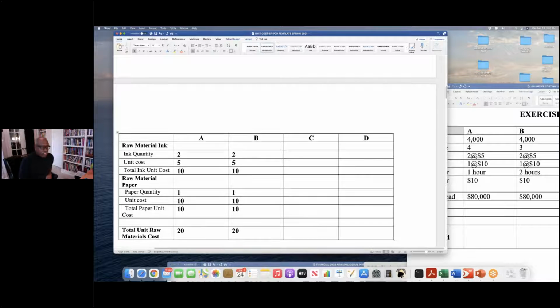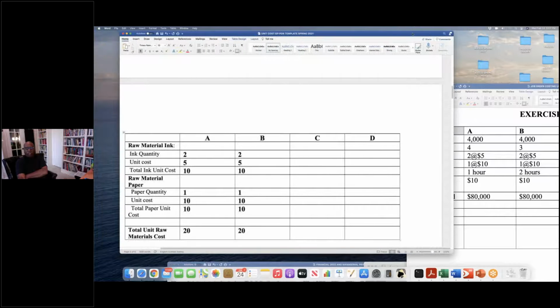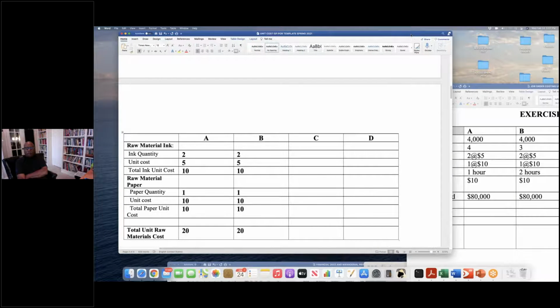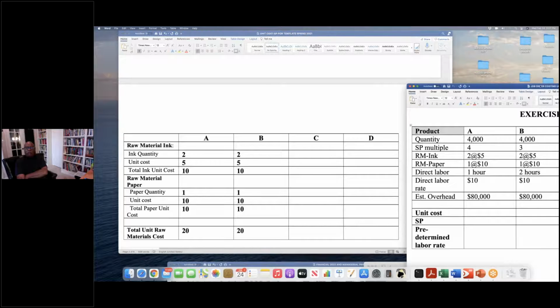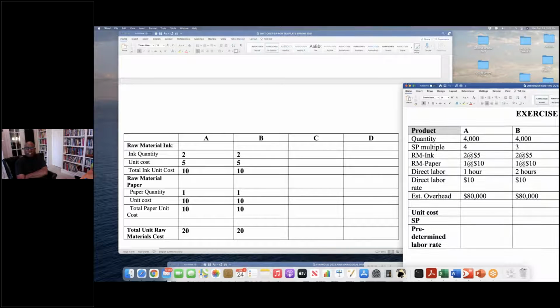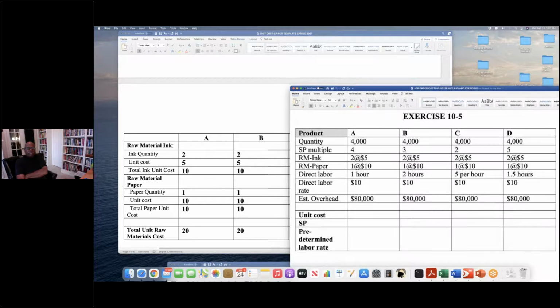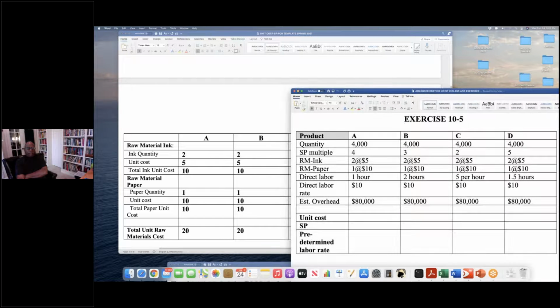Okay. So what are we going to do with the 20? We're going to put that up into that little chart with the 3 at the top. Okay. So hopefully now they can see where we got these numbers.